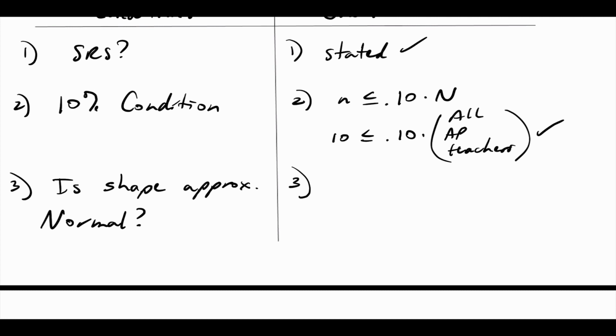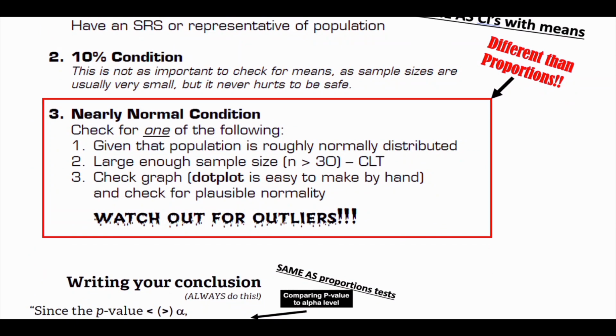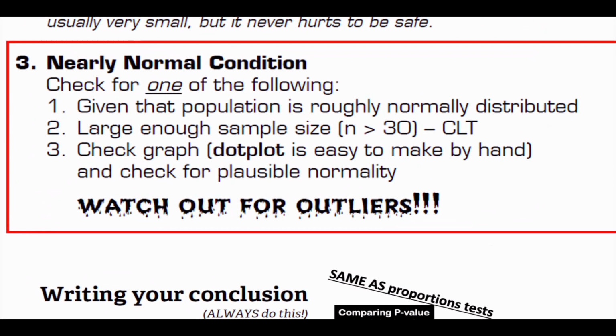Okay. Last one is shape, normal. So this is where the conditions differ from proportions, right? For the third one, we have three options. Number 1: the population is roughly normally distributed, in other words, they told us in the question. Number 2: they didn't tell us, but our sample size is big enough. Number 3: neither, so we have to check the data to see if there are any outliers or strong skewness.